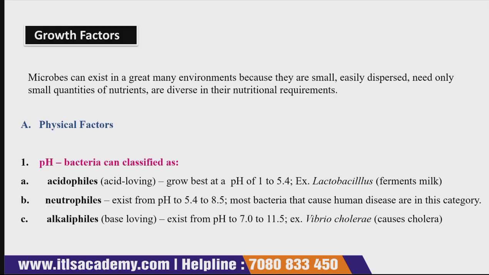Now coming to the next topic, the growth factors. As far as how you measure the number of microbes is concerned, then comes the growth factors. Microbes can exist in a great many environments because they are small, easily dispersed, need only small quantities of nutrients, and are diverse in their nutritional requirements.